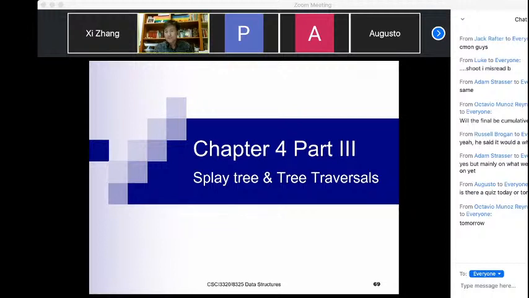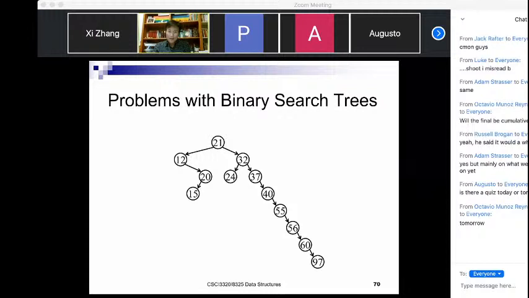Okay. So we will discuss splay trees today. Splay trees address a similar problem as AVL trees. A splay tree is a binary search tree, so we try to address the problem in a binary search tree, but a splay tree does not include any overhead like maintaining the height information and checking balance information.